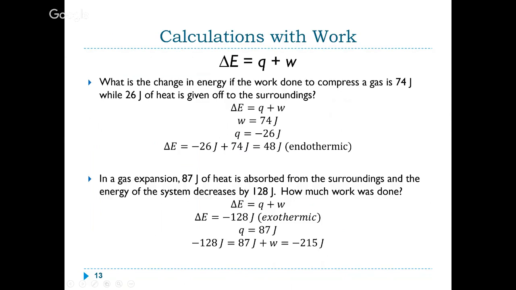So delta E is negative, my heat is positive. So I plug things in respectively. Negative 128 joules equals 87 joules plus W. So then the amount of work that the gas had to do, as it was expanding, is negative 215 joules. The overall process is exothermic because there is a negative sign associated with delta E.